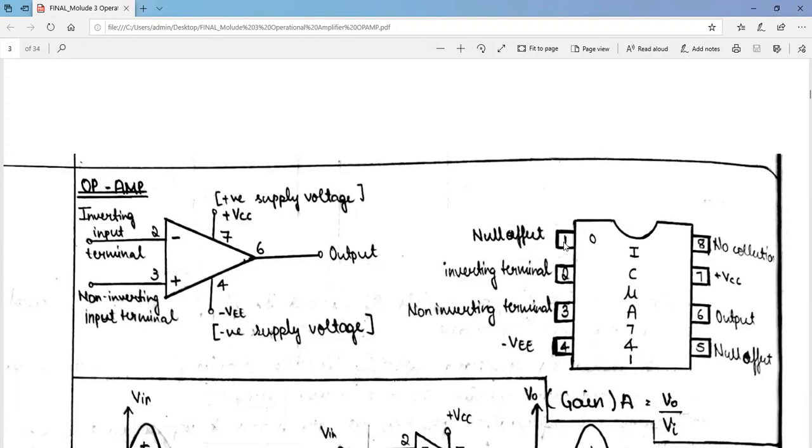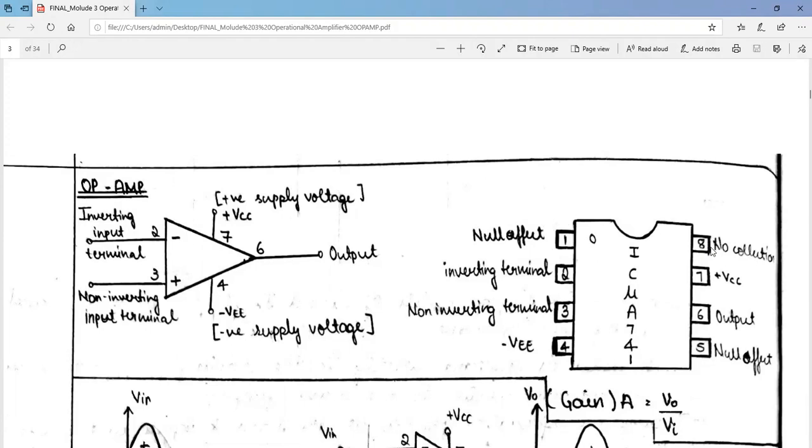Each pin has its own specification or operation. If you see closely, pin numbers 1 and 5 are null offset and pin number 8 is no connection.